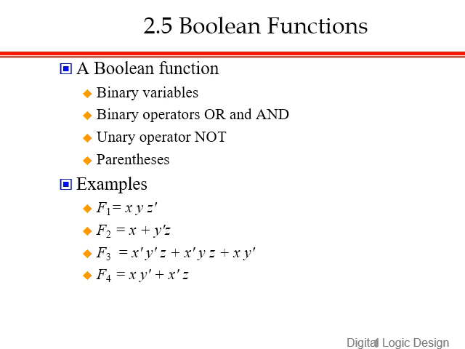Similarly, we have a third function f3, which is the OR combination of three AND terms: x prime y prime z plus x prime y z plus x y prime.